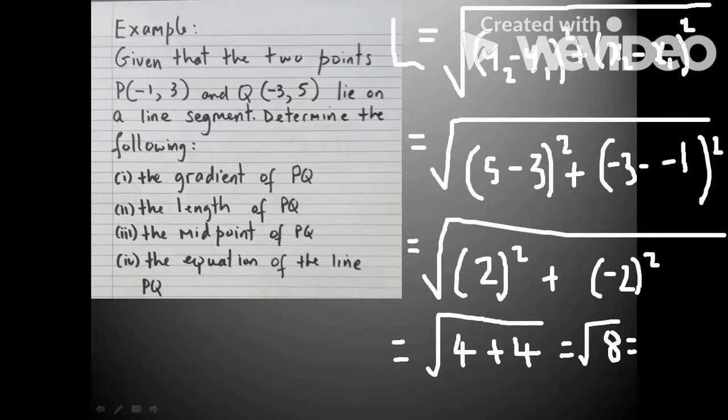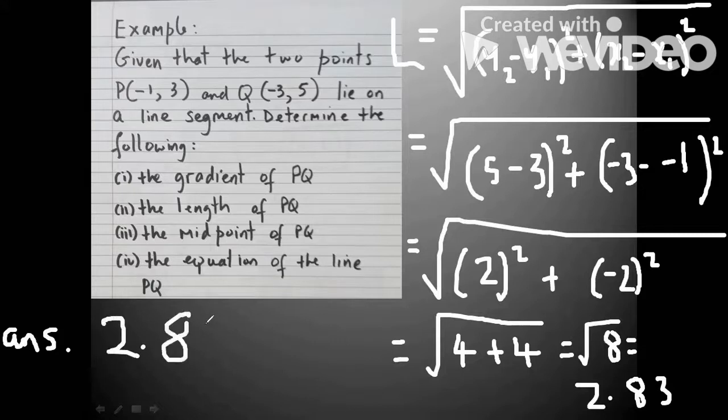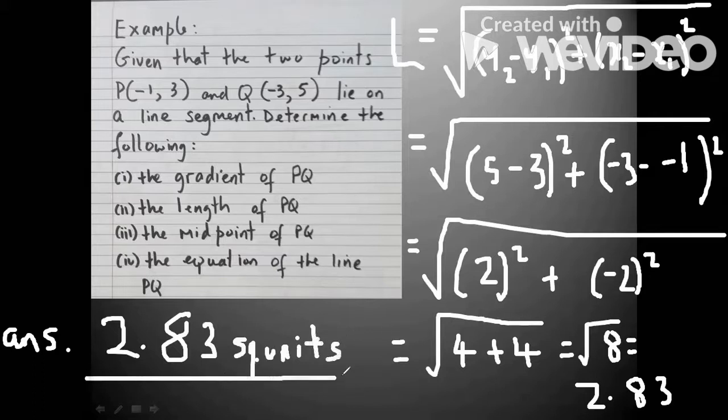And the square root of 8 to 2 decimal places, that's going to be 2.83 square units. All right, so let me write it over here. So the answer is 2.83 square units. So that's the answer for part 2.